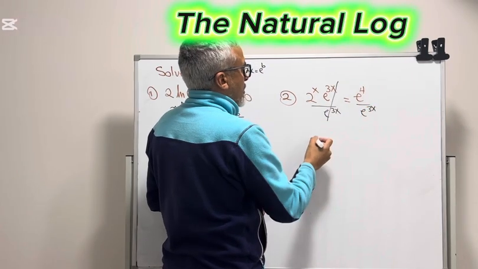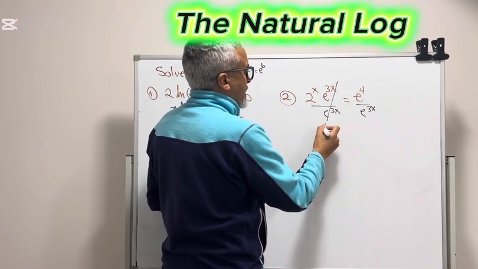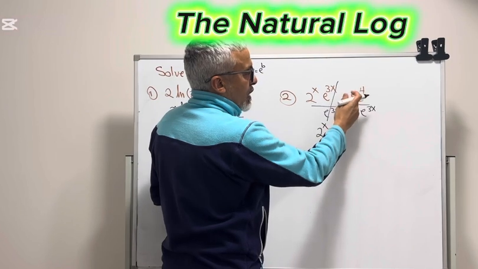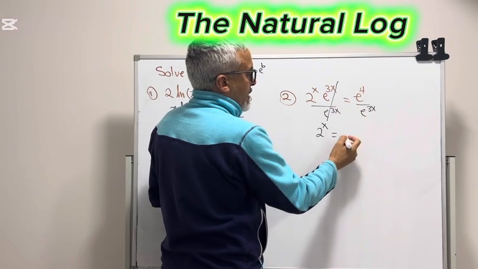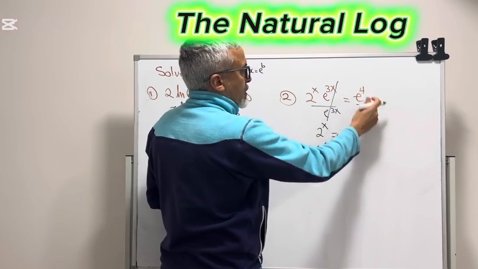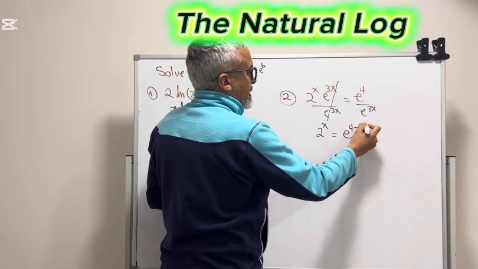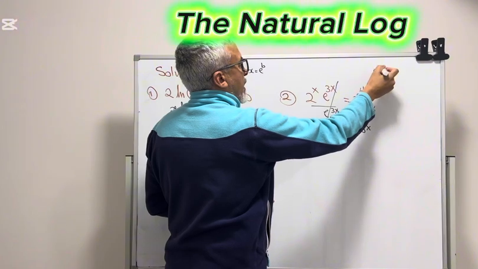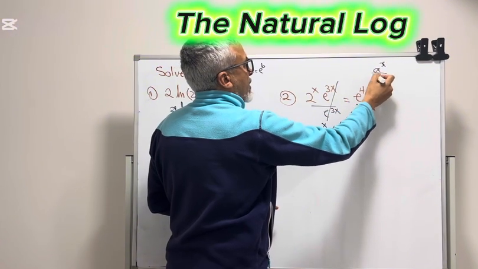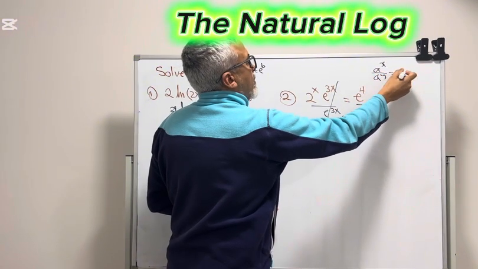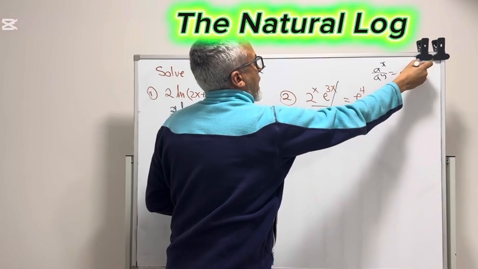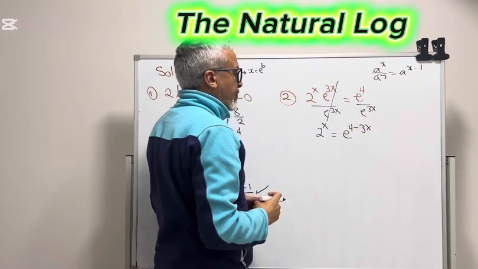That will cancel. Now we have 2^x, and when you're dividing the same bases, you could just subtract the exponents. So that's e^(4 - 3x). You know, a^x over a^y would give me a^(x - y). And that's what we did there.